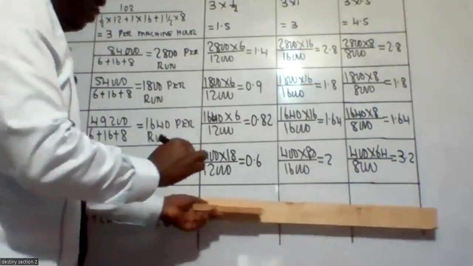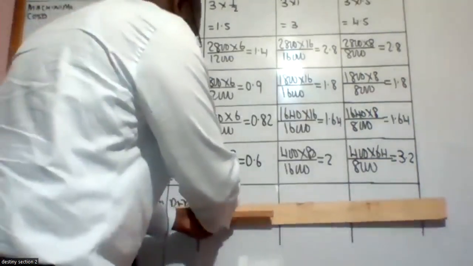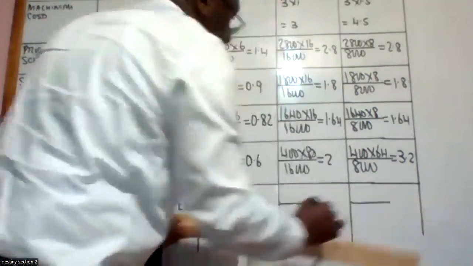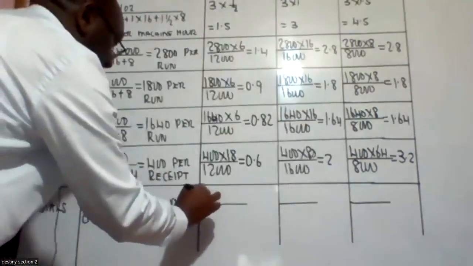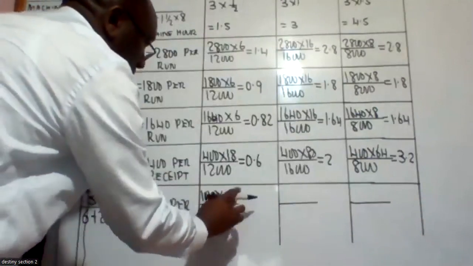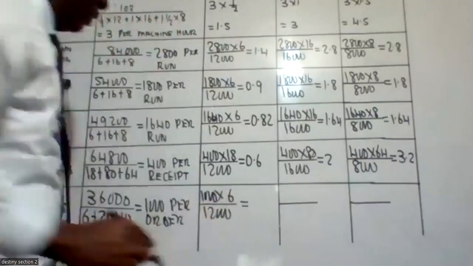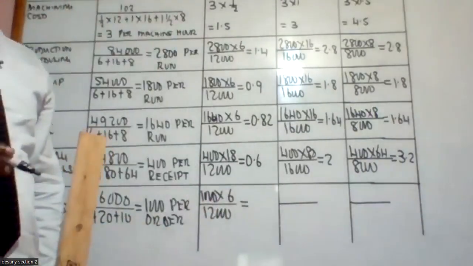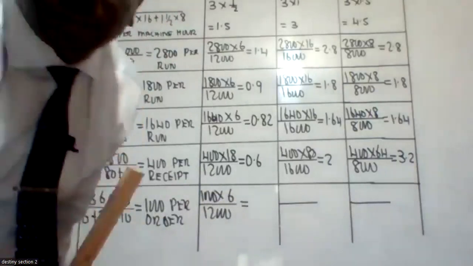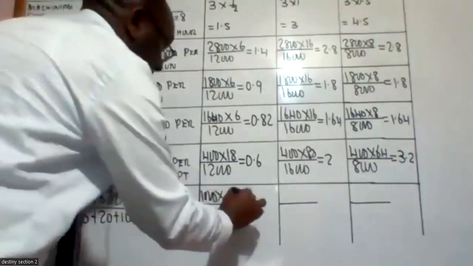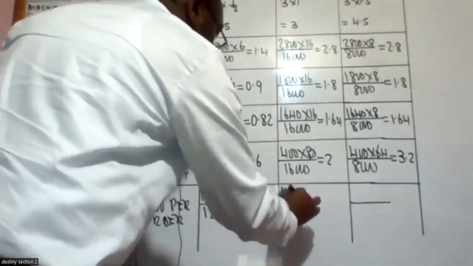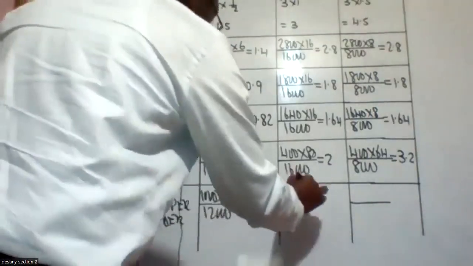So we argue the same way that we have argued for the others. It will be 1,000 times 6. You divide by 12,000. Oh, 0.5. I can see the answer is already there. This other one is 1,000. You multiply by 20.